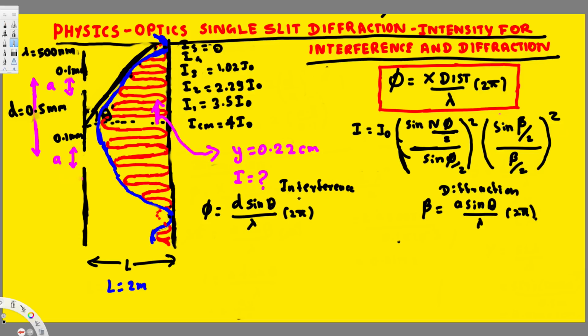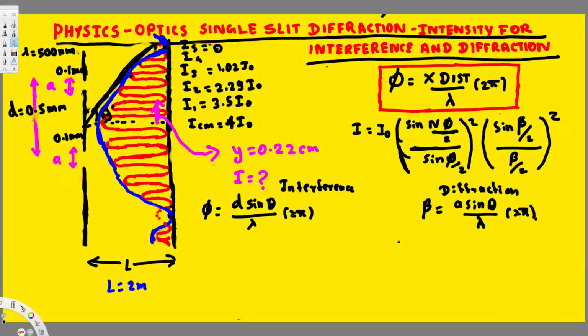So for interference we have to have this one in angle, but for diffraction we have to have this one in radians and also in angle because we need both of them. In the top we have angle, but in the bottom we have to have this one in radians. So let's calculate this one in radians, but this one we can directly calculate in angle.